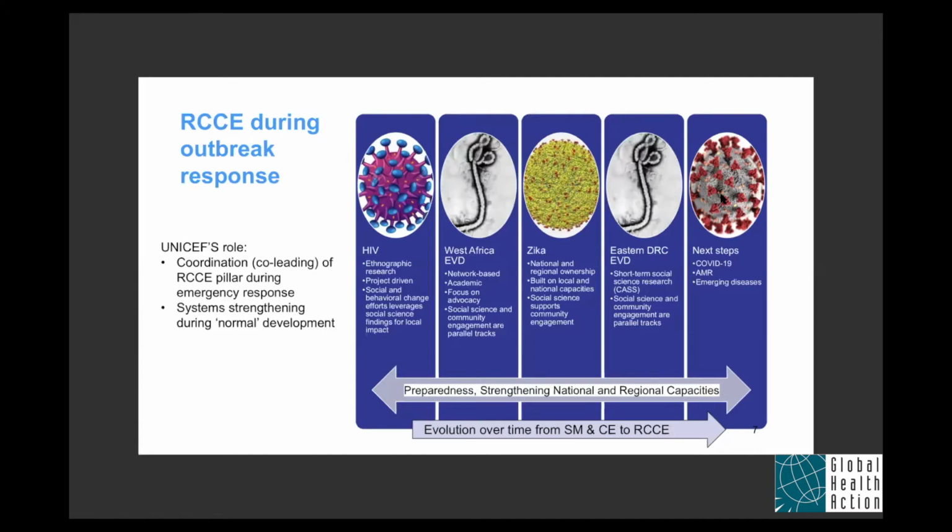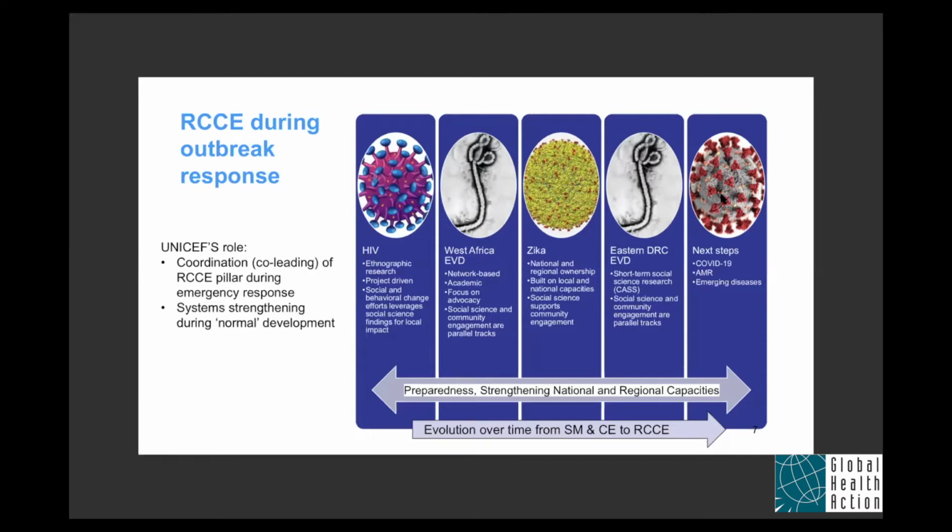and community engagement. Over the years, this has evolved into an approach called risk communication and community engagement to cover the spectrum of what we do, from providing information and messaging to actually meaningful participation, including the most marginalized populations, and being able to engage with communities on a meaningful level.